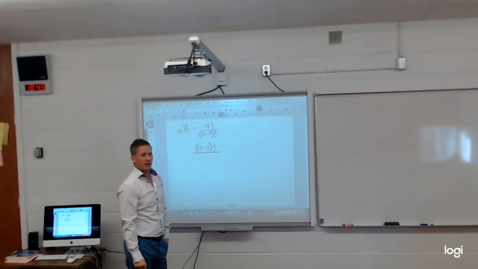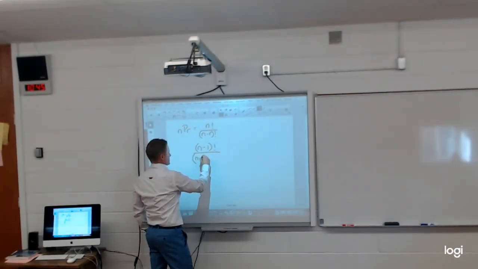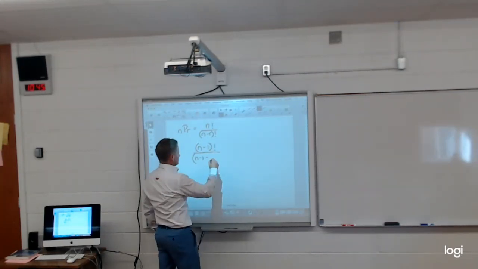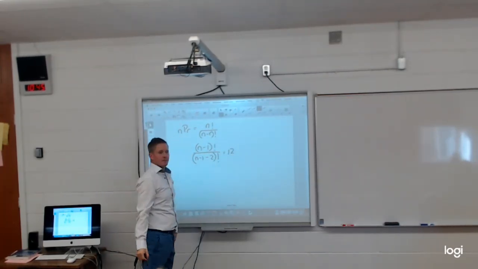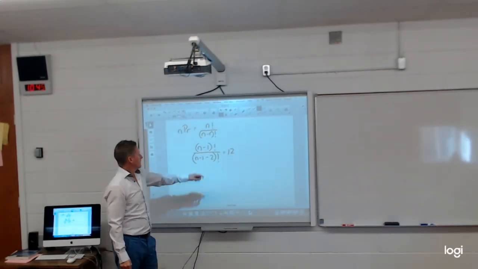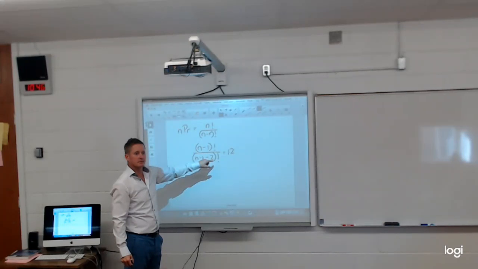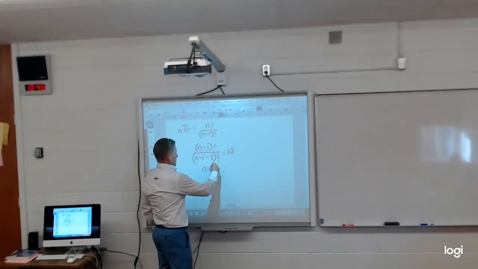That's your top part. So now on the bottom, I have n minus 1, subtract 2. So far, so good? So I have n minus 1 factorial.